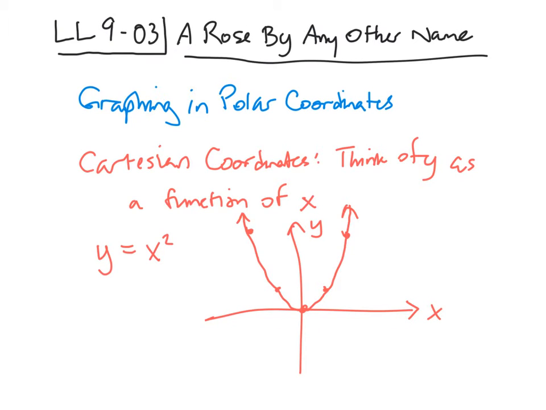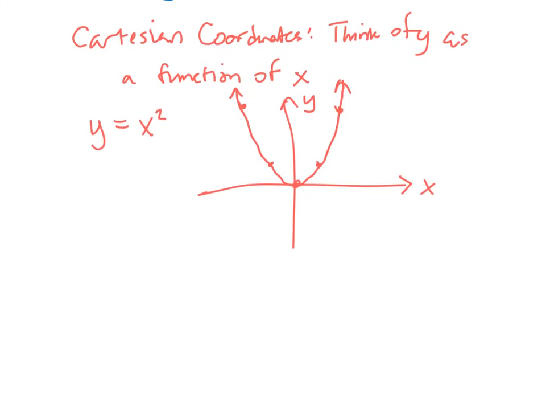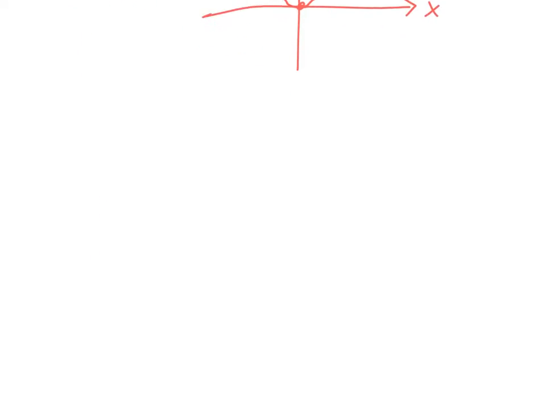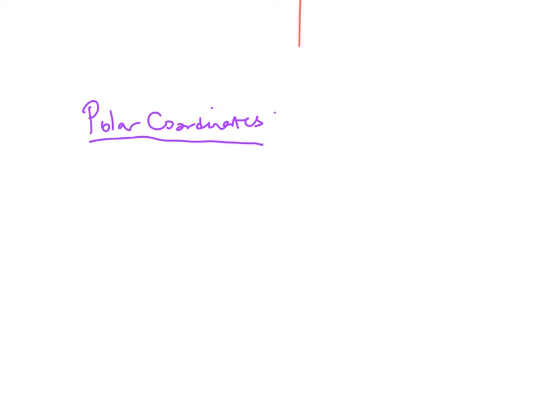Now, graphing in polar coordinates is quite a bit different, although the basic idea is similar. So when I graph in polar coordinates, I think of r, my distance from the origin, as a function of theta, my direction.